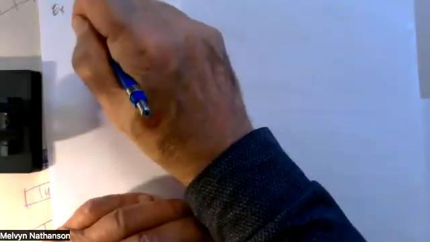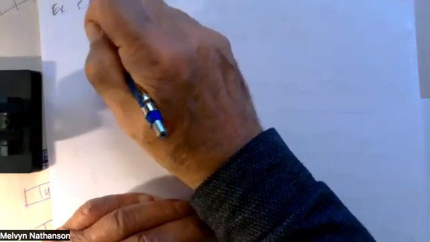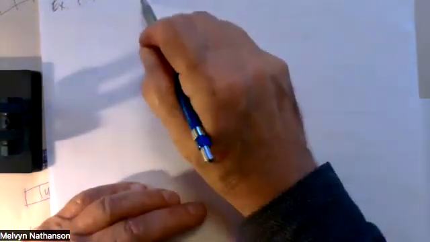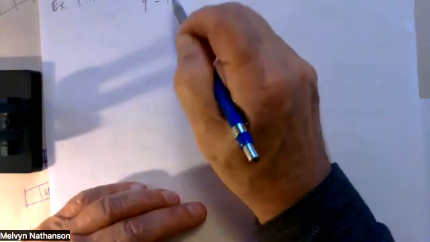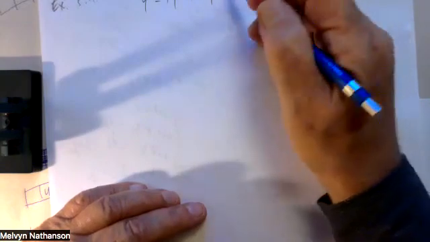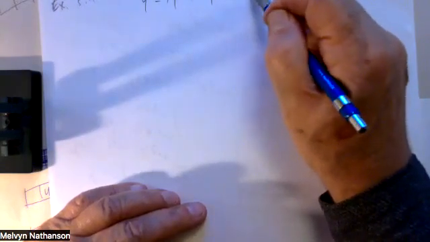So this is example 5.4.2. We have the differential equation y double prime minus 7y prime plus 12y equals 5e to the 4x.